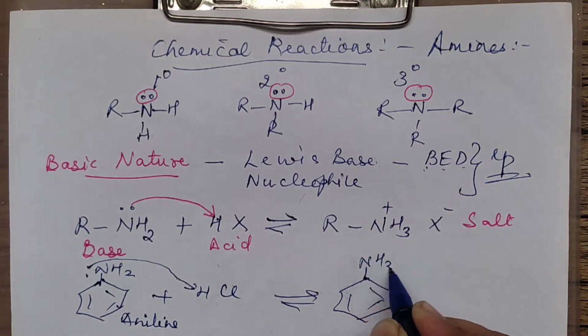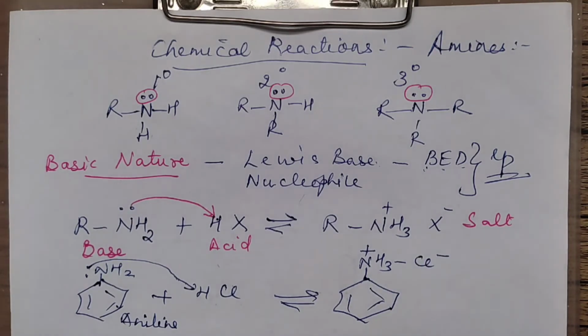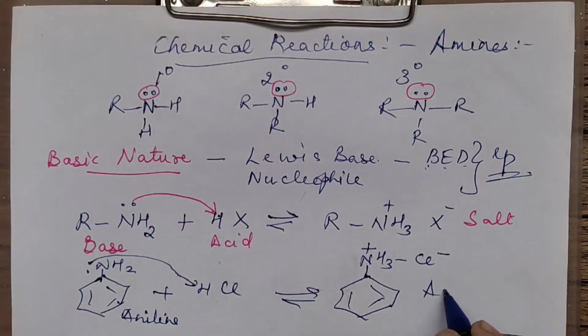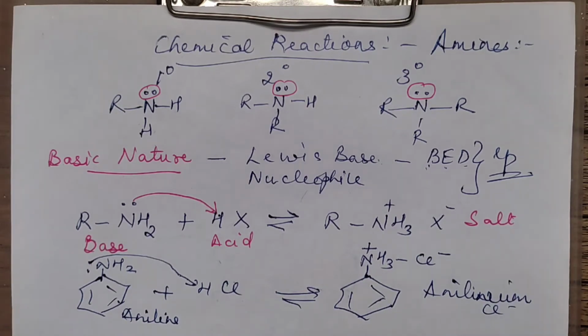It will form ArNH3 plus now, because this nitrogen has 4 bonds, and you will have here Cl minus. So the product formed is called anilinium chloride. What is this called, children? It is anilinium chloride. Fine.